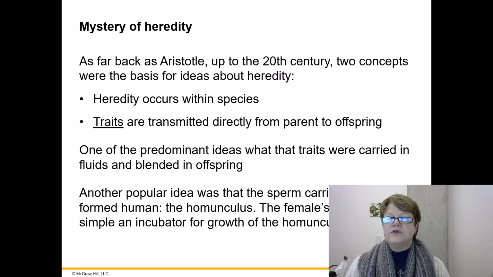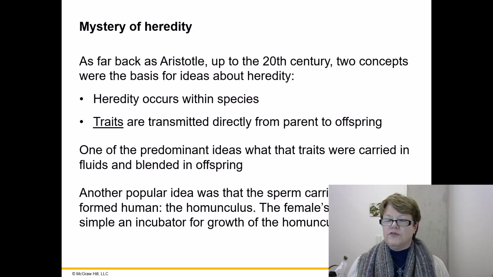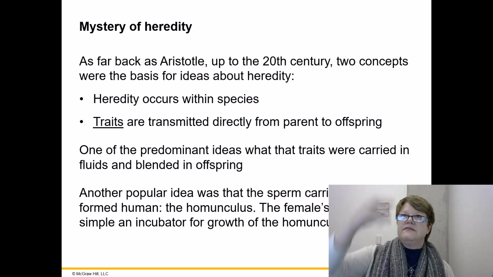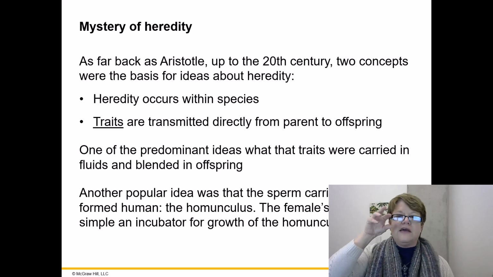The other thing that was thought to be true, which isn't, although it's a technical issue here, is that traits are transmitted directly from parent to offspring. Traits are like your physical appearance, something that you can observe. So if somebody says you have your father's eyes, they don't mean that when you were conceived that part of your father's eye somehow transferred into the sperm and then got to you and popped out of your head.